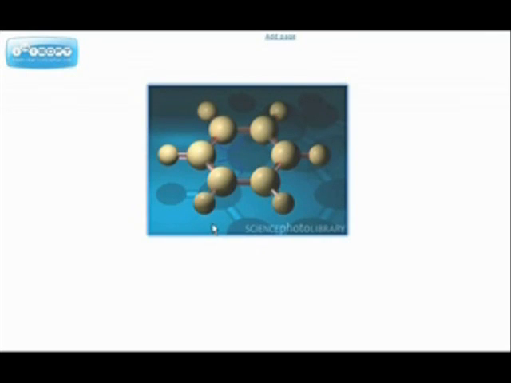But what we aren't showing is that even though these carbons are each bonded to other carbons, if we label this as carbon number 1 and then carbon number 2 and then carbon number 3, we see that carbon number 1 does have a bond to carbon number 2 and carbon number 3.